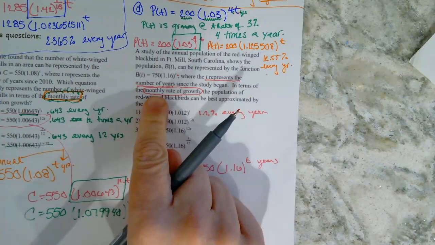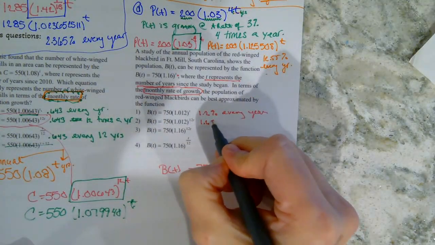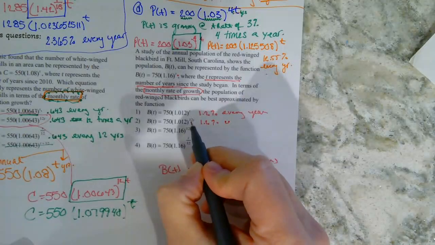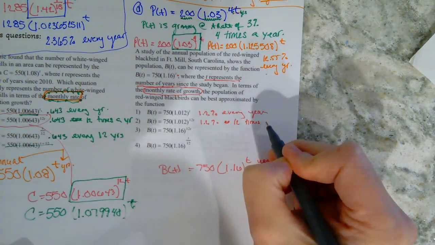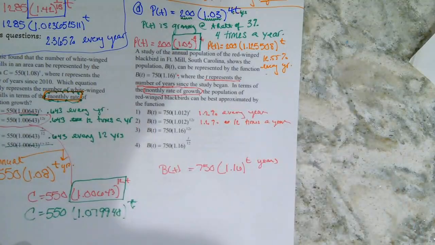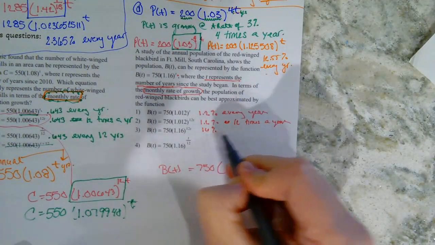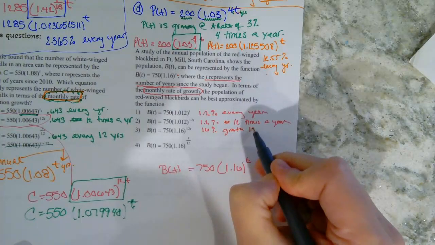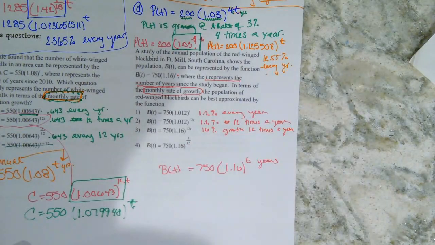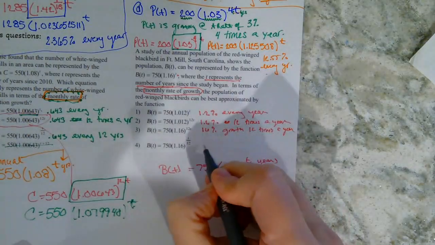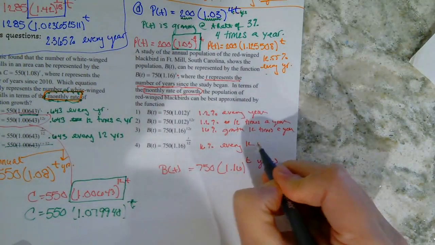Does that have anything to do with monthly? Of course not. This would be a 1.2% growth, not every, 12 times a year. This would be a 16% growth 12 times a year. And this would be a 16% growth every 12 years.